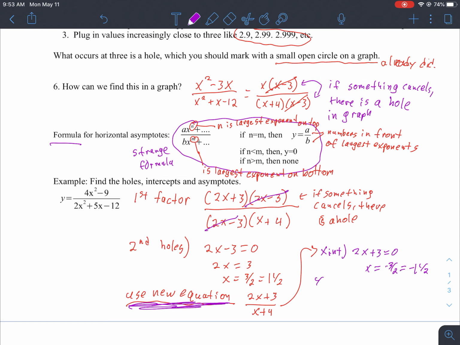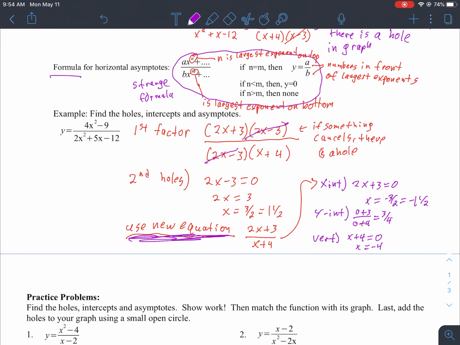The y-intercept comes from putting 0 in for all your x's and simplifying. So you get 0 plus 3 over 0 plus 4, which is 3/4. Your vertical asymptote comes from setting the denominator equal to 0.